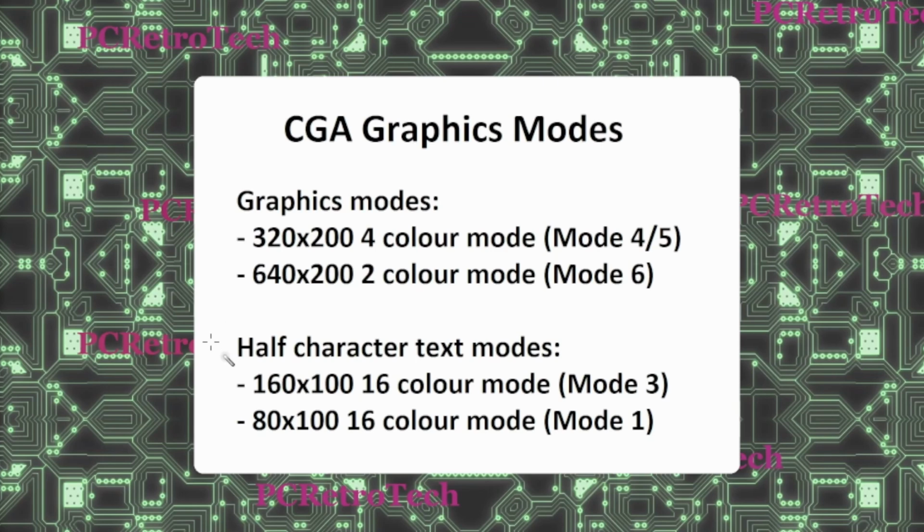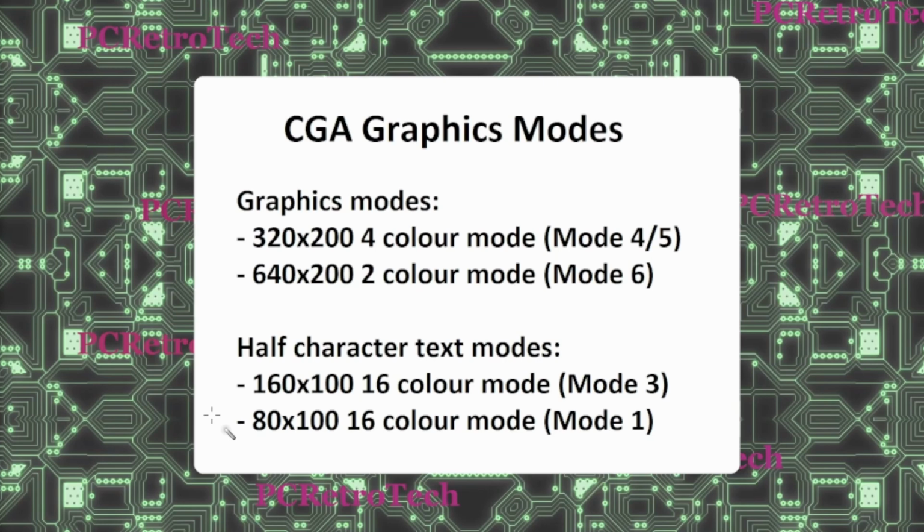And the other option was to hack up a text mode. So there was the 80 by 25 or the 40 by 25 text mode, and if you change the character height to just 2 scan lines, and then basically chose a very specific character which was half in the background color and half in the foreground color, you could effectively get a 160 by 100 or an 80 by 100 graphics mode.